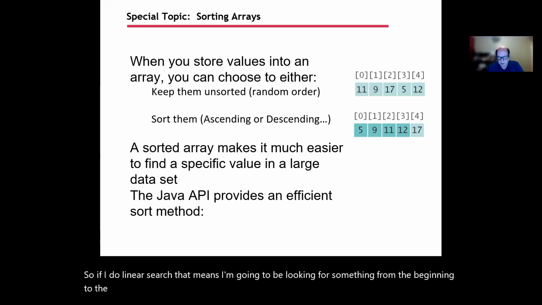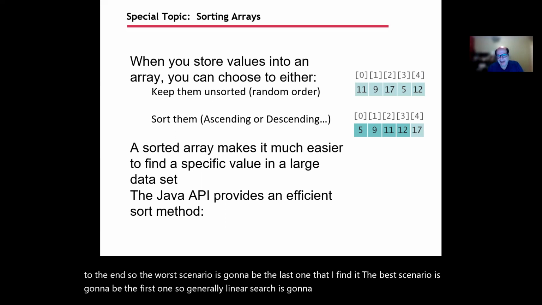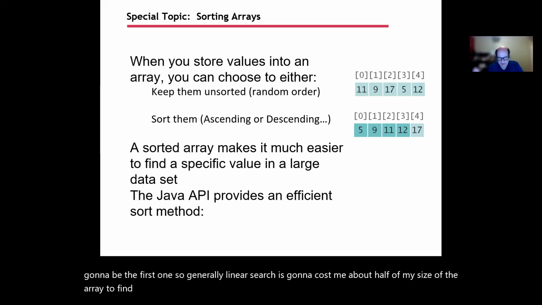The worst scenario is finding it at the last one, and the best scenario is the first one. So generally, linear search is going to cost me about half of the size of the array to find something: maximum plus minimum divided by 2.